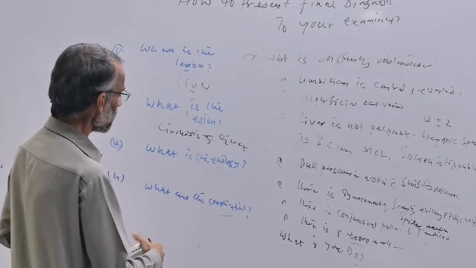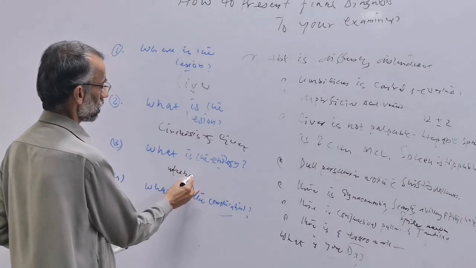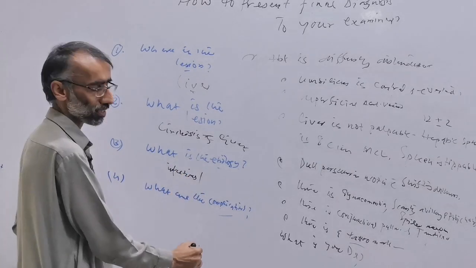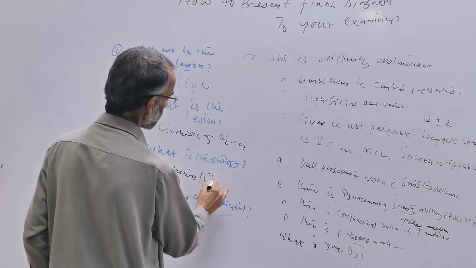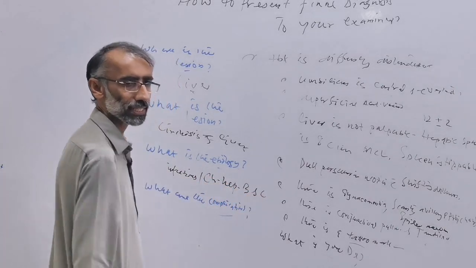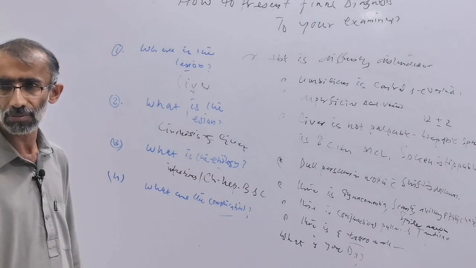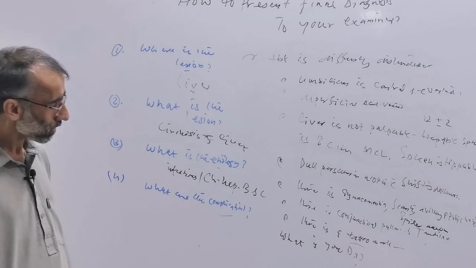The etiology is infectious, most likely chronic hepatitis B and C, both result in cirrhosis of liver.